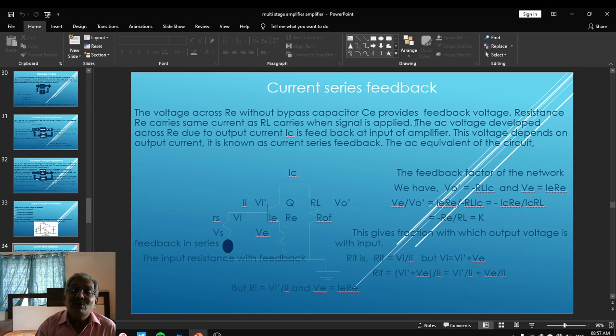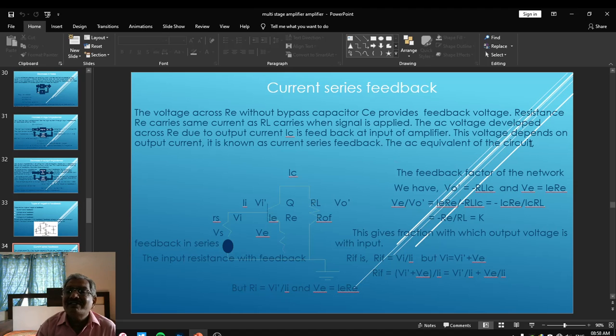Means the current flowing through the load resistance as well as the current flowing through the emitter resistance are the same. The AC voltage developed across Re due to output current IC is fed back to the input of the amplifier. This voltage depends on output current, and hence it is known as current series feedback.